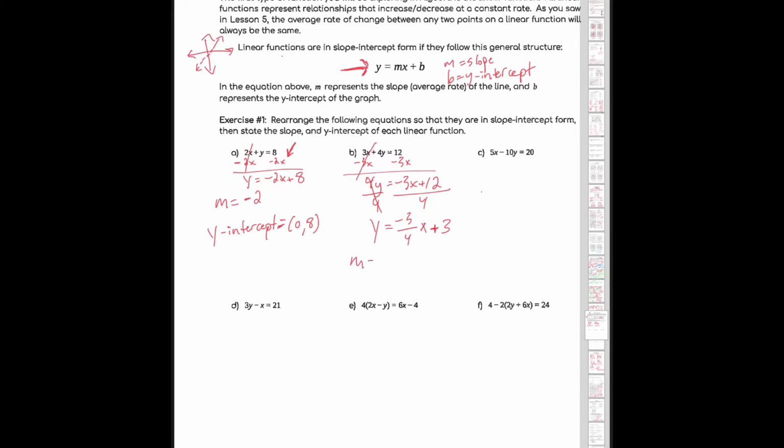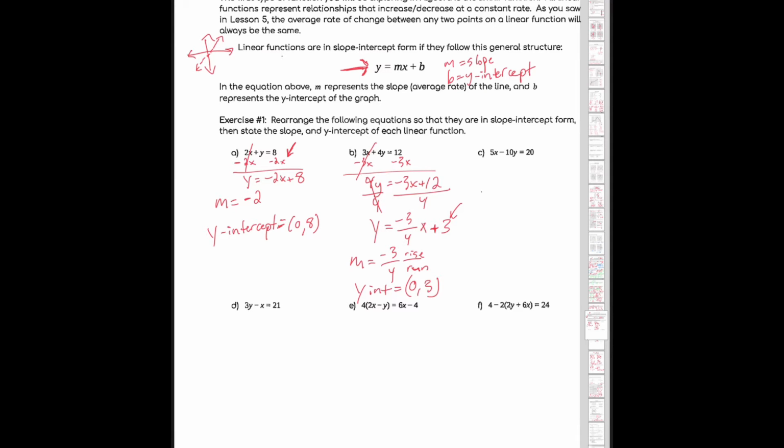So our slope, or rate of change, would be negative 3/4, meaning we would do rise over run. That means we would move down 3 units and to the right 4. And then our y-intercept would be the point (0, 3).